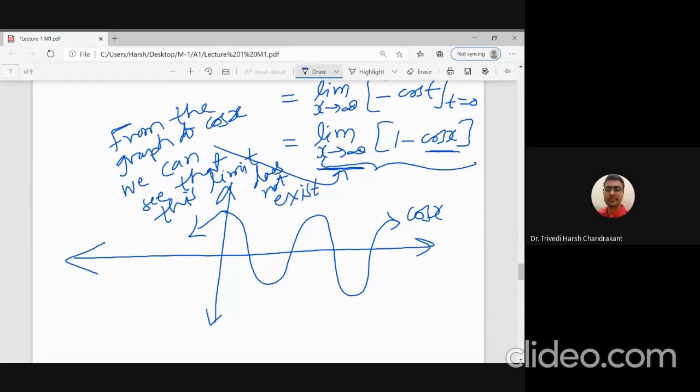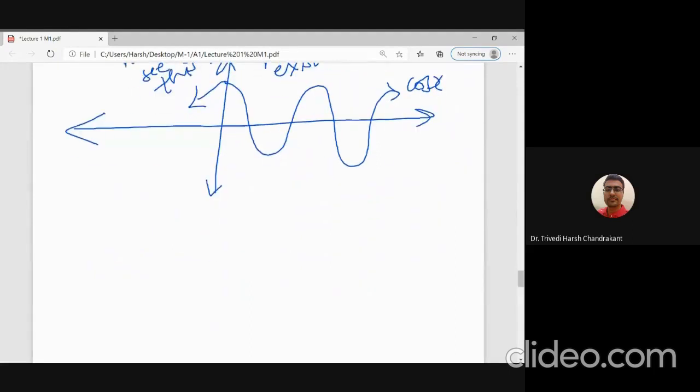So either the limit does not exist or it goes to infinity. In both the cases we say that the integral is divergent. So therefore this integral diverges.